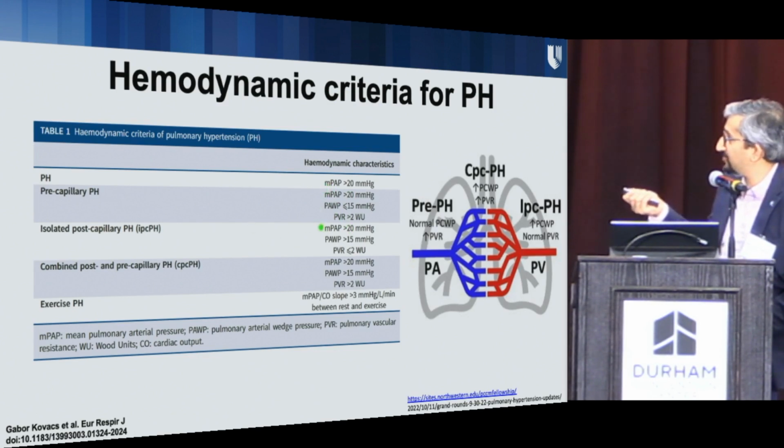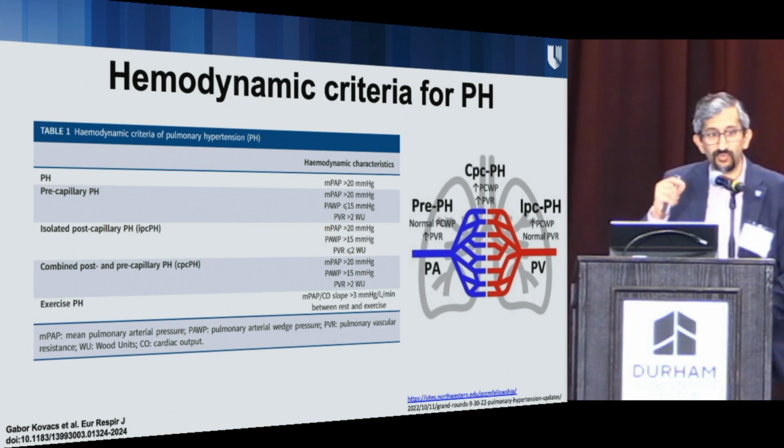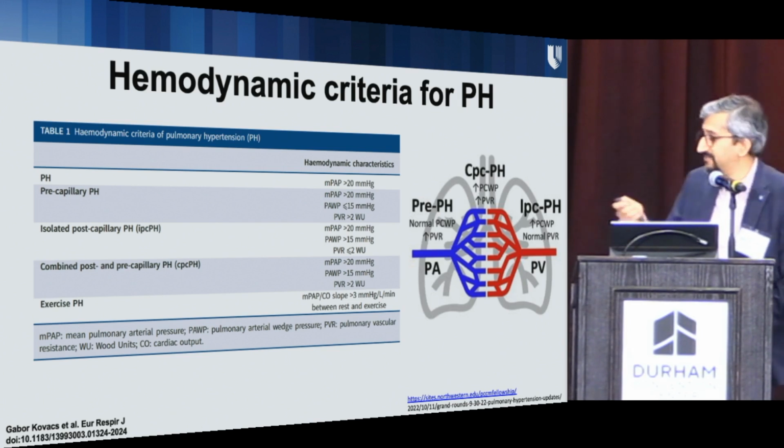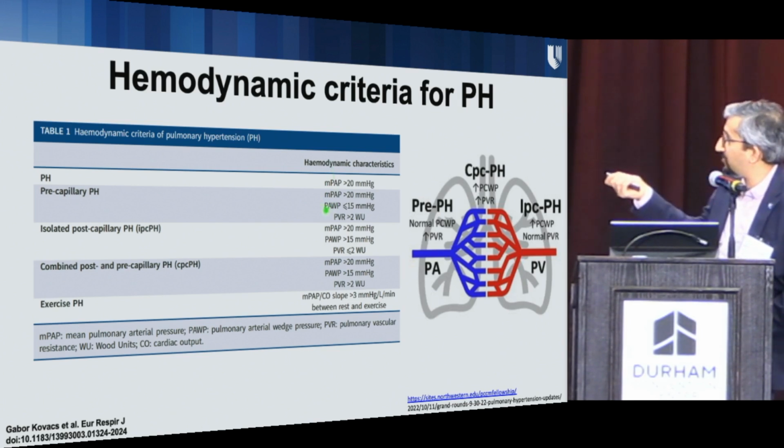But then, precapillary PH, and this is for folks who are going to fall into groups 1, 3, 4, and 5, is a normal wedge pressure less than or equal to 15 with a PVR greater than 2 Wood units. And then for the group 2 patients, you can see either isolated postcapillary PH or combined post and precapillary PH.